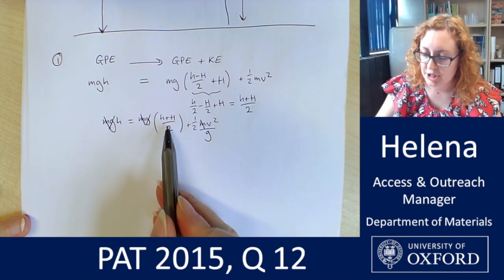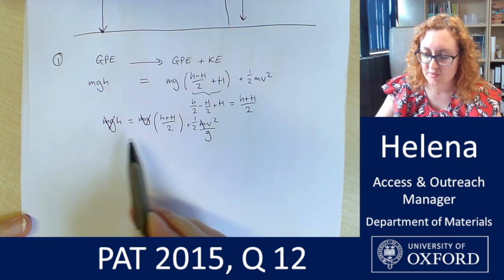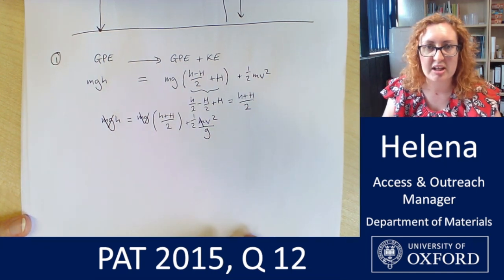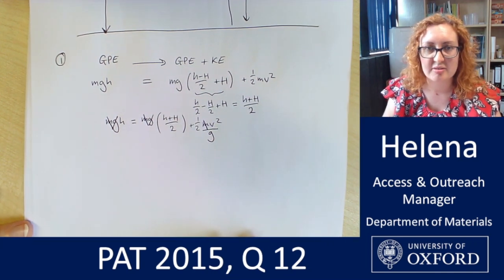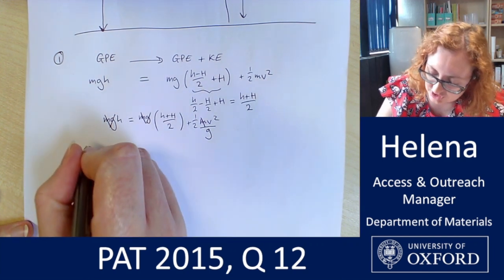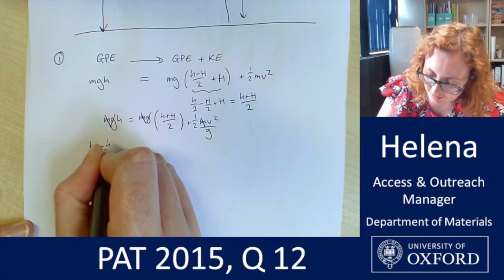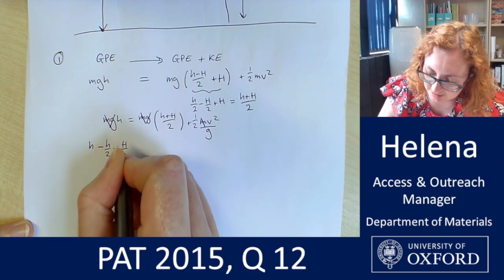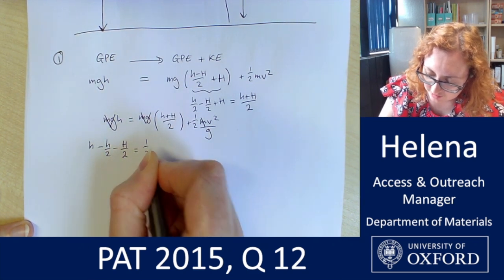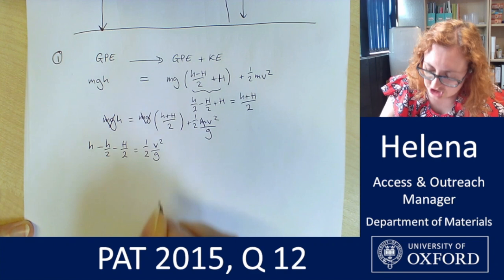Okay, so now I'm going to move all these expressions over to the left so that we're left with the term containing the v on one side. So if we do that, we have h minus h over 2 minus capital H over 2 is equal to a half v squared over g.